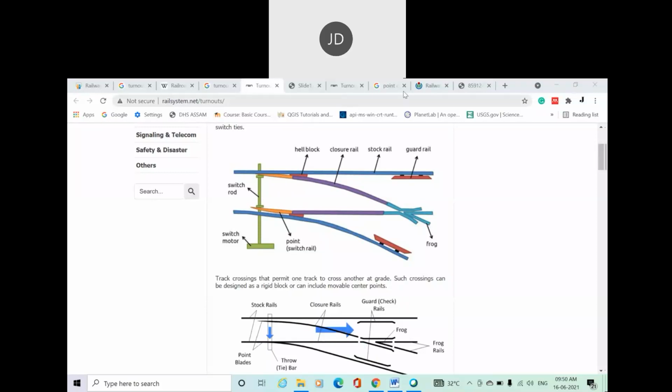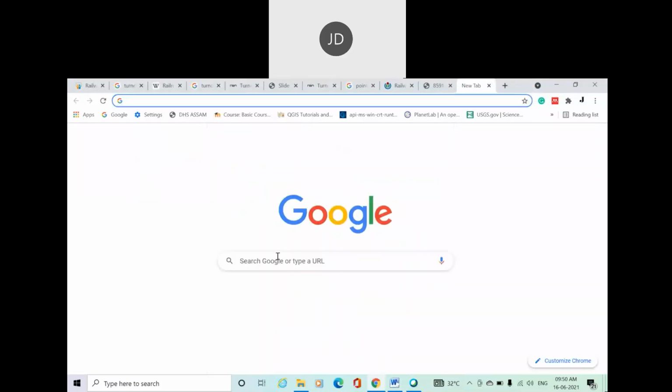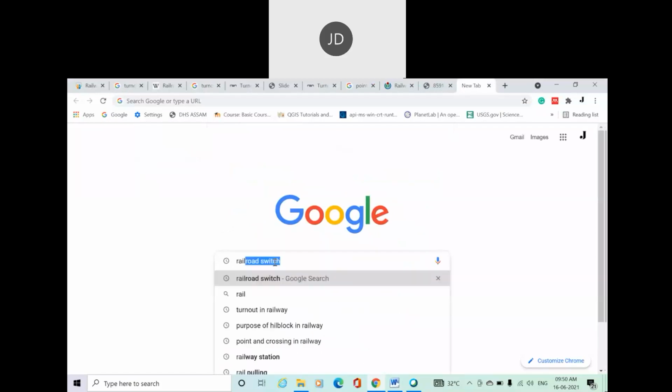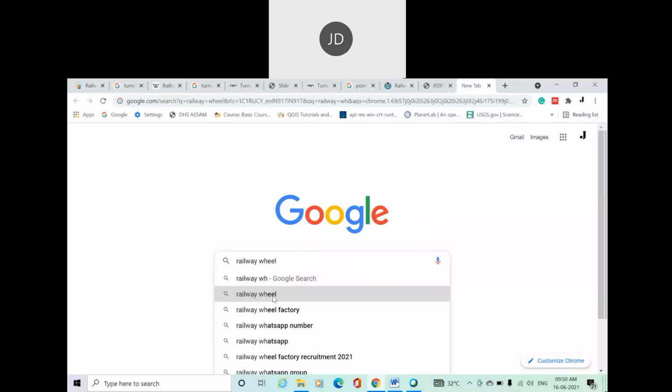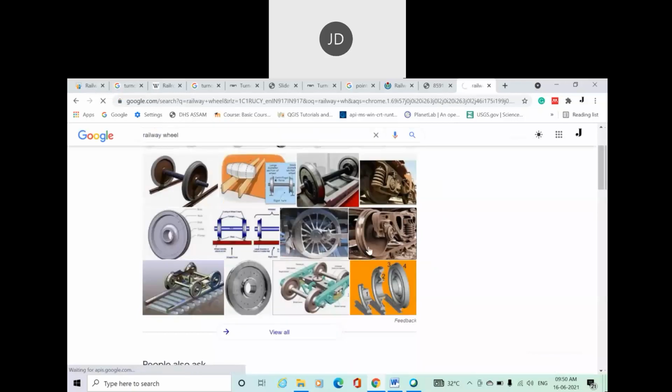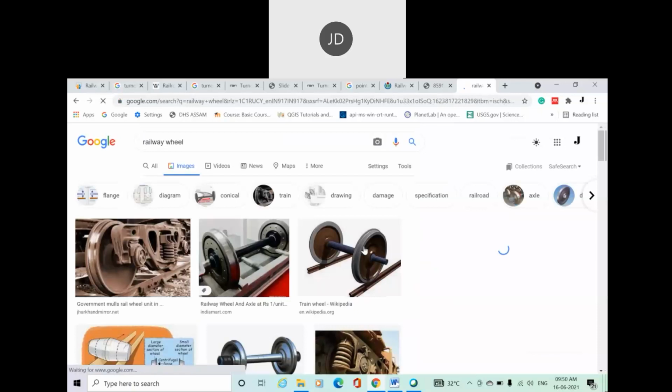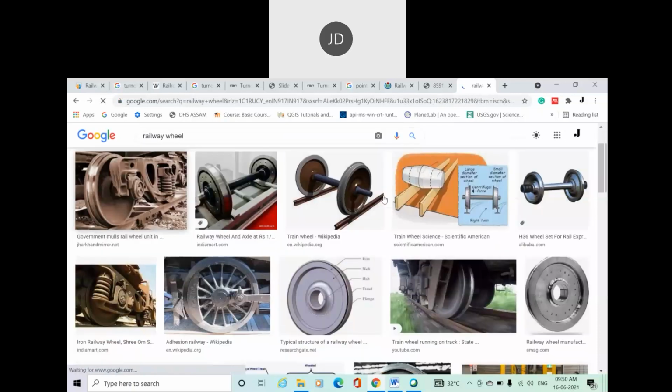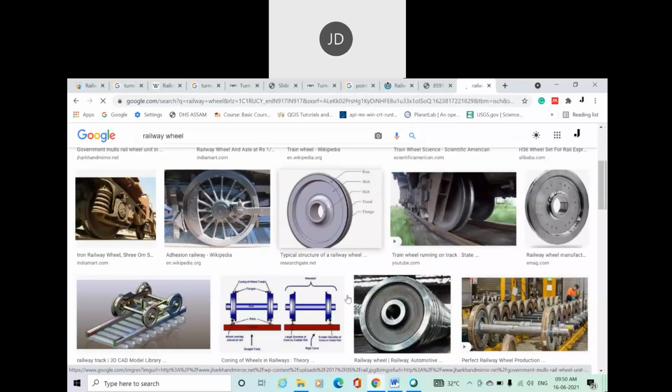Now I will show you one diagram for the railway wheel first. It is already shown to you.